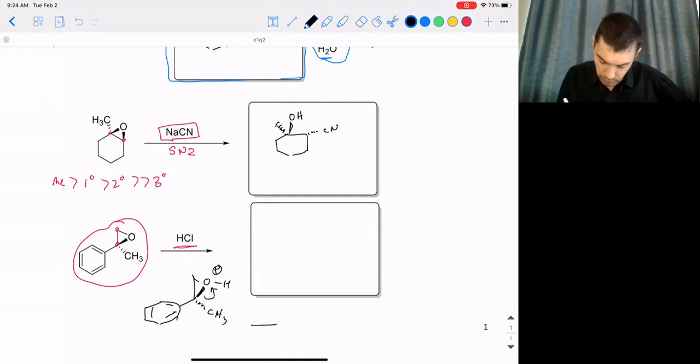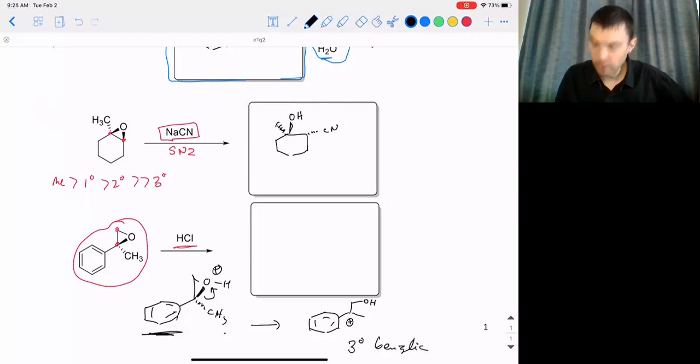And so even though we don't always invoke this carbocation intermediate, in this particular case, we might want to do so because this benzene ring is quite stabilizing to that carbocation, as is the idea that it's already a tertiary carbocation. So this is a tertiary and benzylic carbocation. And so that'll make it one of the most stable that we can form. And because of that, it will likely have some ability to form that carbocationic intermediate. And since we're in the presence of HCl now, we might imagine that Cl would come back and attack.